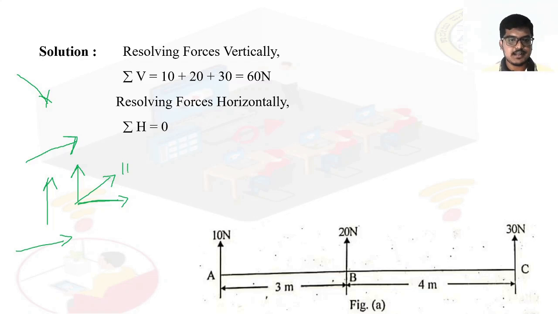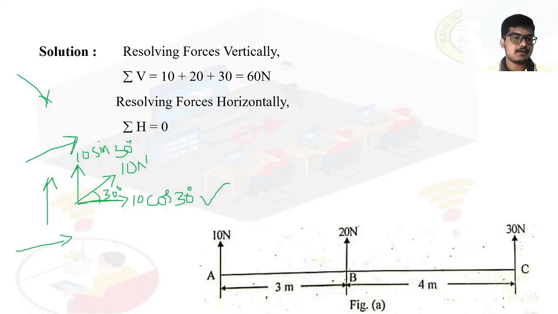Suppose this is 10 Newton, then an angle will be given, so I will take 30 degree. Then the horizontal force will be 10 cos 30 degree, and the vertical component will be 10 sine 30 degree.